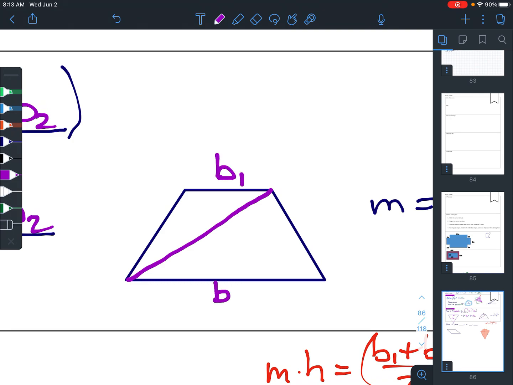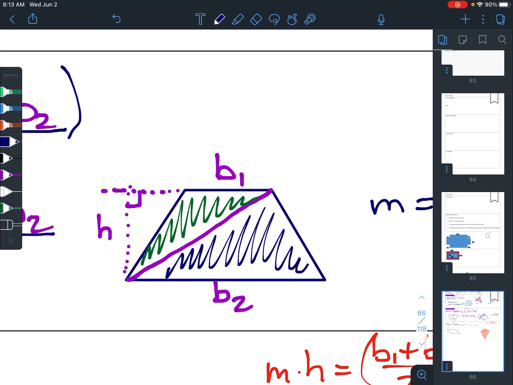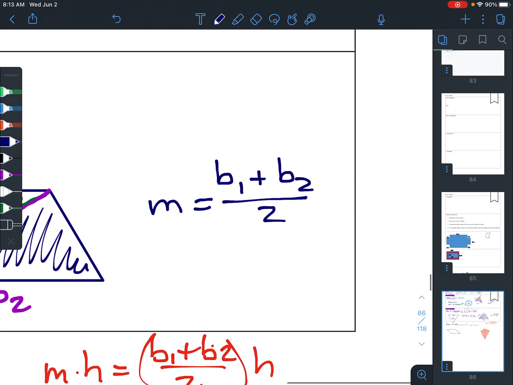So here's my base 1, here's my base 2, and here is my height, perpendicular, right? And so here I have a triangle, which is 1/2 h times b1, and then we have 1/2 times h times b2, right?